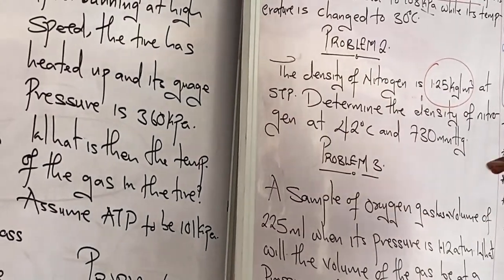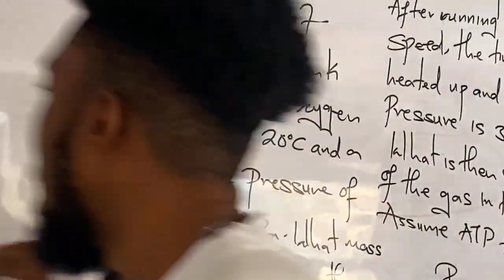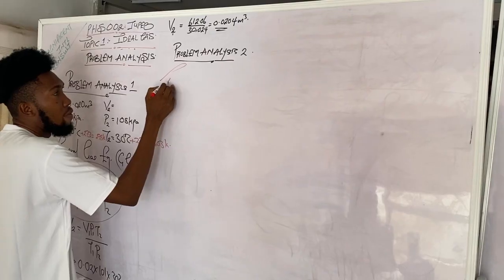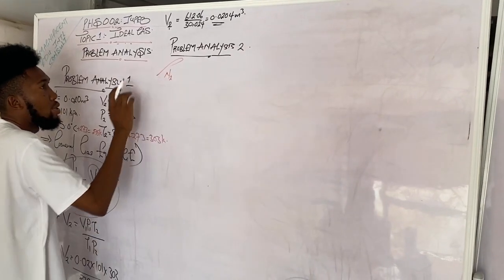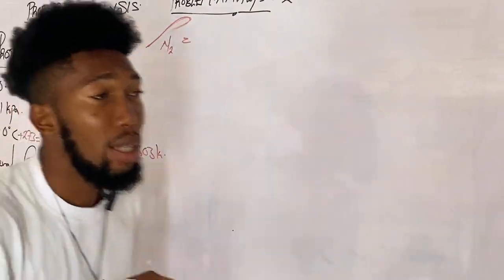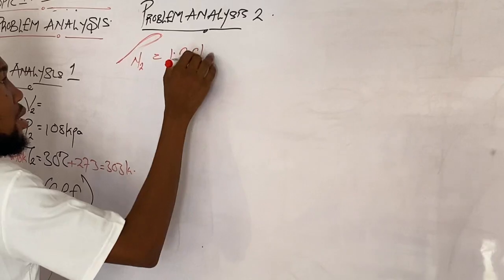So what we are trying to say is that nitrogen had a density. This is how we represent nitrogen density. We use this symbol, rho. So it's equal to what? 1.25 kilogram per meter cube. And they said it's at STP, right?